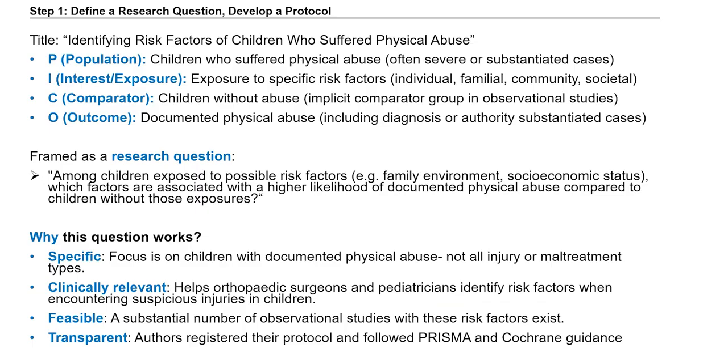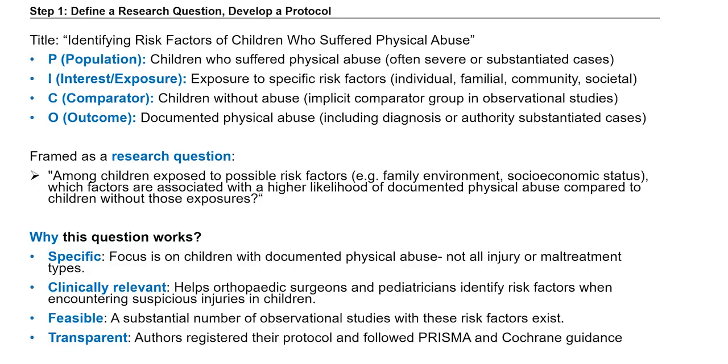Exposure or interest: we are looking at exposure to specific risk factors like individual, familial, community, and societal. These are the risk factors that we are looking at among the published papers and reports to see if we can find any relevant outcomes.